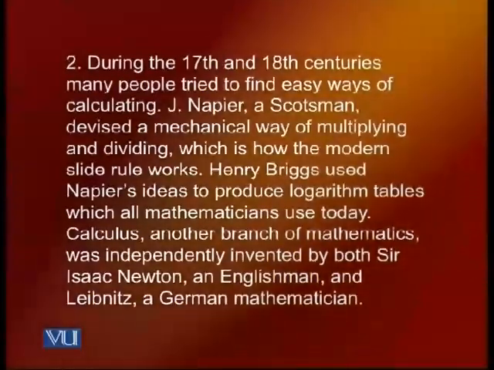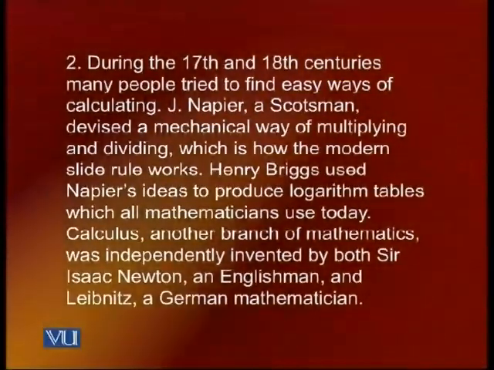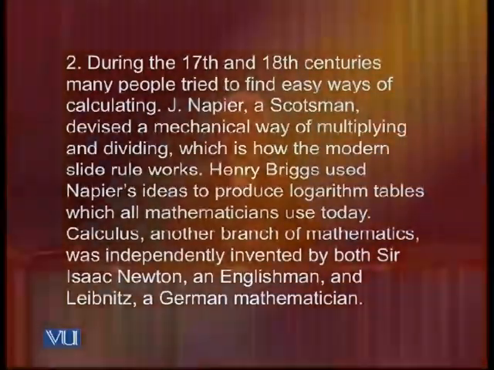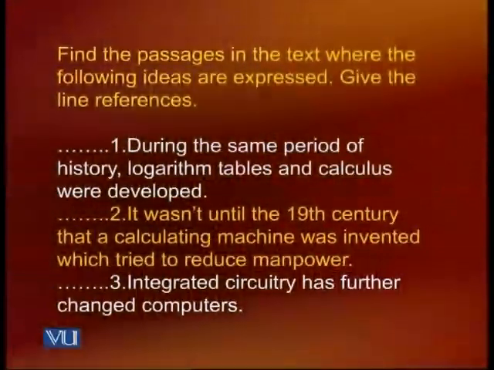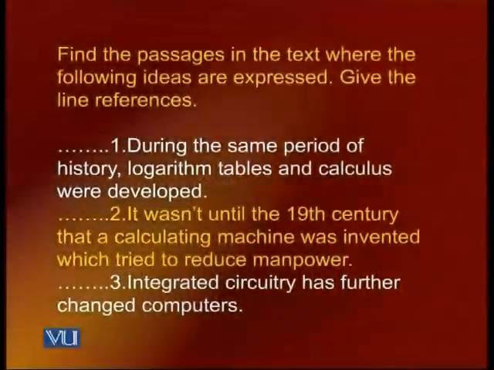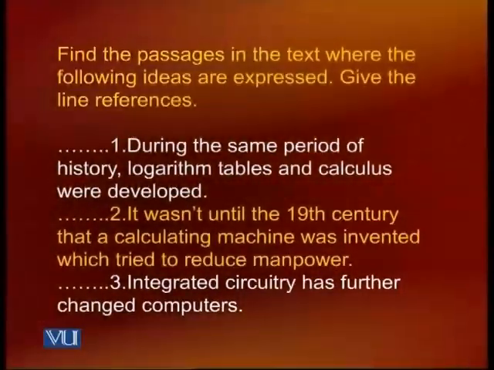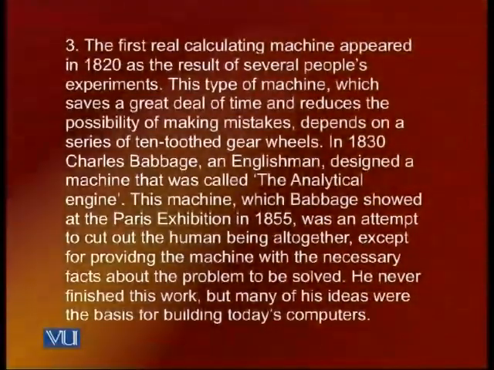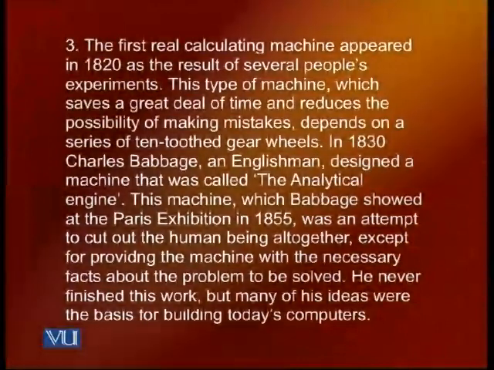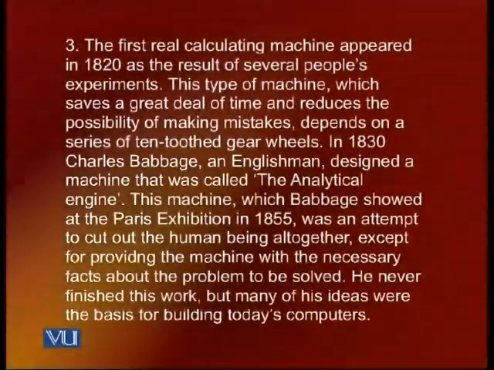Look in paragraph 2 and you will find, underline the reference. Number 2, it wasn't until the 19th century that a calculating machine was invented which tried to reduce manpower. Look in paragraph 3 and you will locate the information.